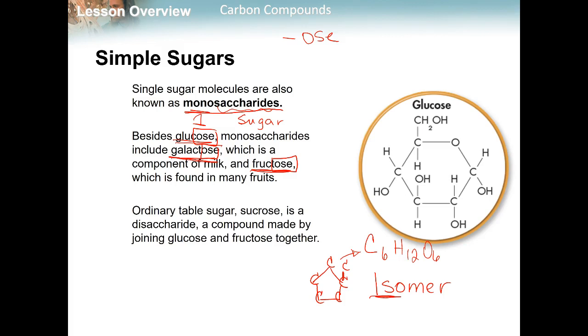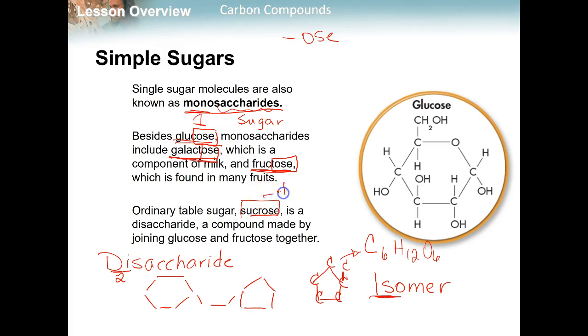Now, when we think about sucrose, sucrose comes under a category called a disaccharide. Di means two, so it is a double sugar, and it's made from joining glucose and fructose together. So we get that hexagon shape that we saw for glucose, and then that bonds with a fructose, and that makes the disaccharide sucrose.